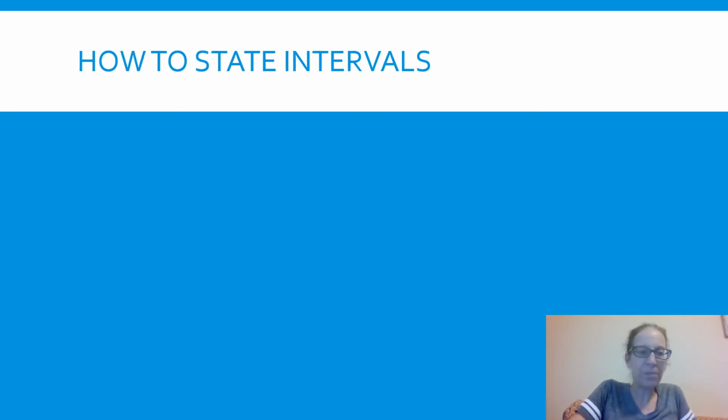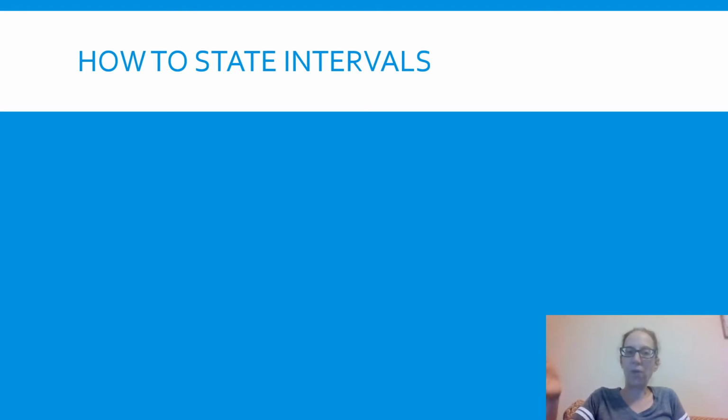Now, the next slide is going to lead into our increasing, decreasing, and our positive, negative. When you are answering a question like this, you need to be able to state an interval. For example, when stating when you were sleeping, you would state an interval of time.